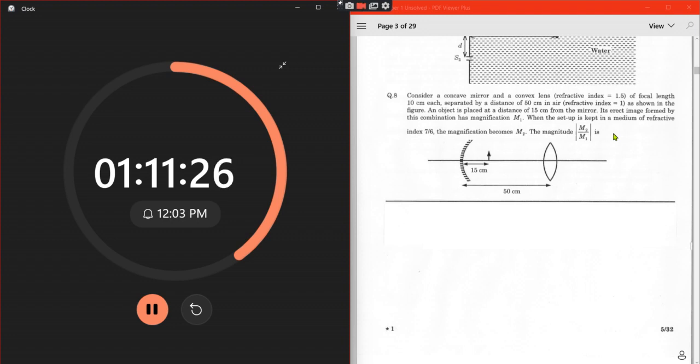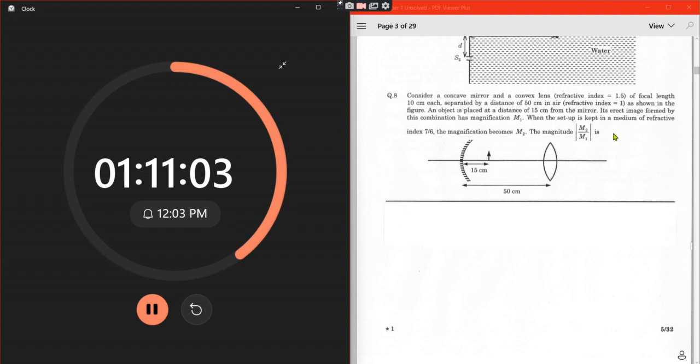Right? So it's just v upon u, but then 1 upon v minus 1 upon u is equal to 1 upon f. That just means, in terms of u, of course, 1 upon the magnification is equal to 1 plus u upon f. So the magnification is f upon f plus u, basically.